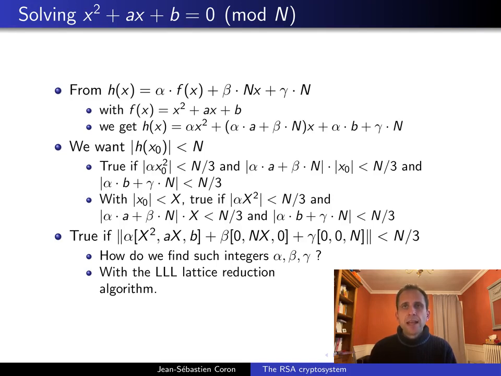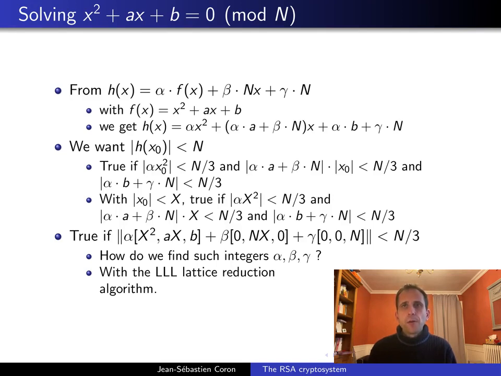And we see that alpha a plus beta n is the second component of this linear combination, because we get alpha times ax plus beta times nx. So this corresponds to the second component. And the last component corresponds to the third component of this linear combination: alpha times b plus gamma times n.